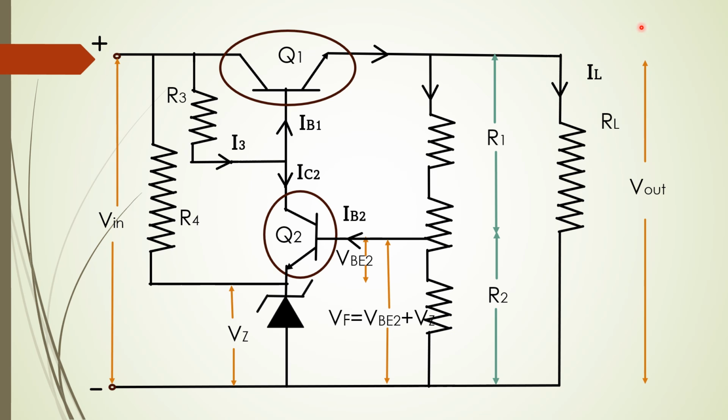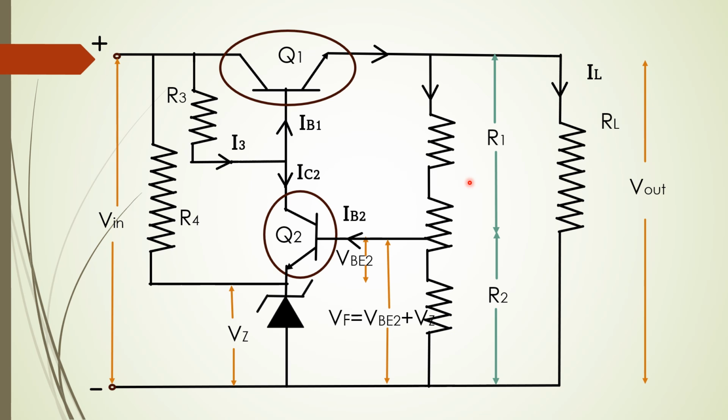So again, the original regulated output voltage, the constant output voltage, appears across the load, which is the expected Vout. Now, if the output is decreasing, the reverse scenario happens.